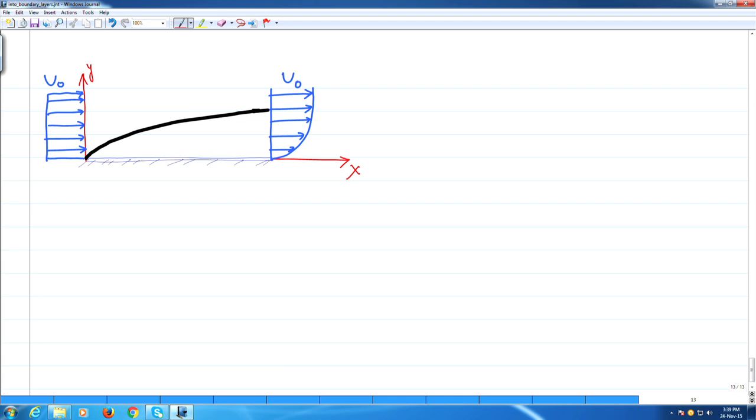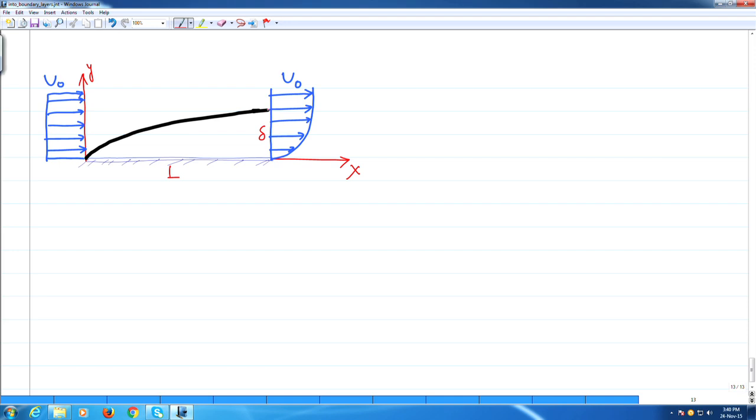The length of the plate is L. Let us call the height of the boundary layer at the edge delta. What we are going to do is draw a control volume in this way.